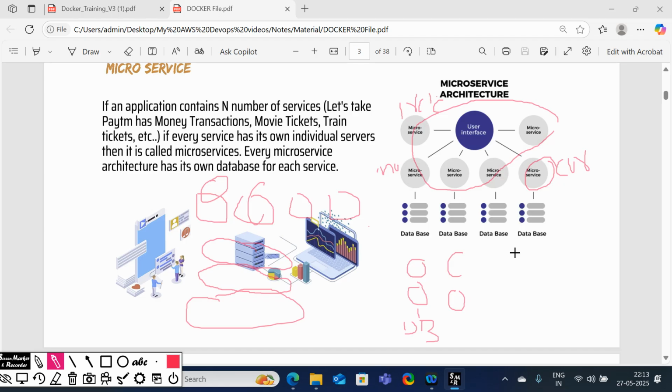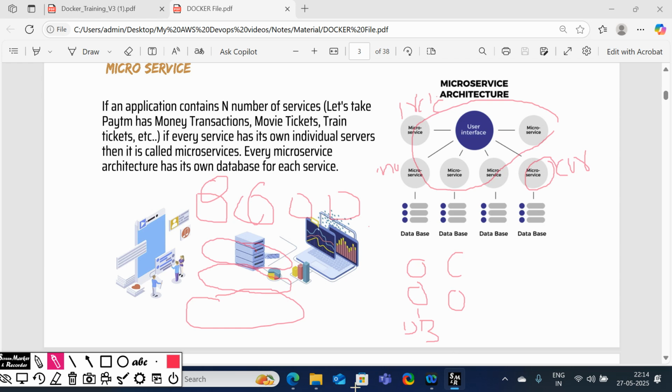If one of the services goes down, it is not going to impact your entire application. Your application will be in the running state only. Only the users connected to that particular service face the issue. The rest of the users using the other services in your application are not impacted.